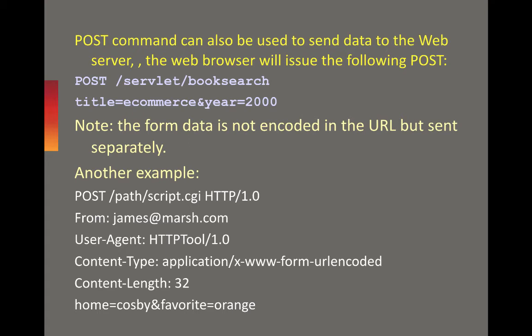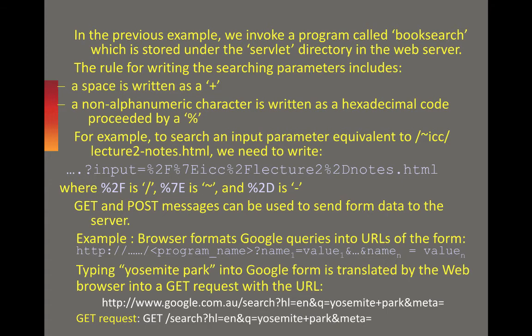So instead of just POST servlet slash book search, it might have other attributes like From, User-Agent, Content-Type, Content-Length, and then followed by the name equals value pairs. So in the previous example, we are sending all the name equals value pairs to a program called book search on the web server side.